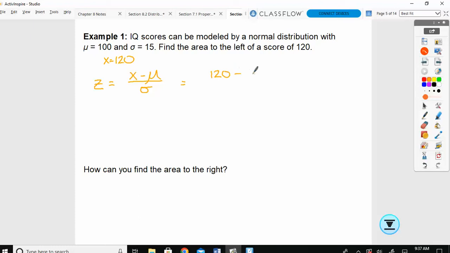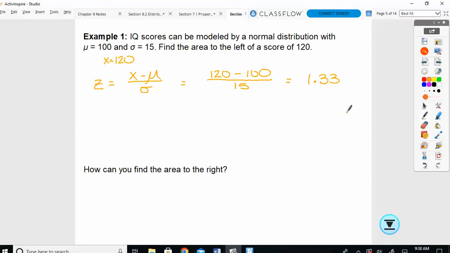My x is 120 minus the mean of 100 over 15. When you get these z-scores, go to 2 decimal places. That's all the table allows. So make sure you are rounding up when necessary. So I get a z value of 1.33.